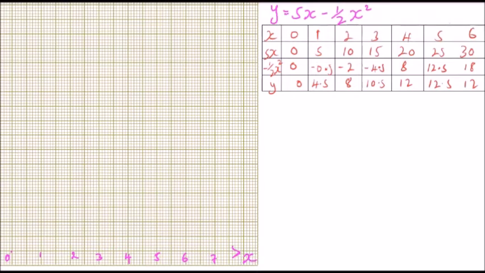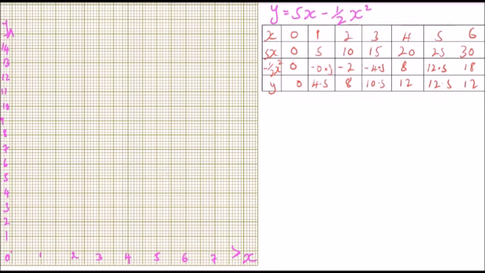The y-axis goes up to, we can put up to 13. So that will be enough. So that is 1, 2, 3, up to 13, and we have 14. So that is my y-axis.